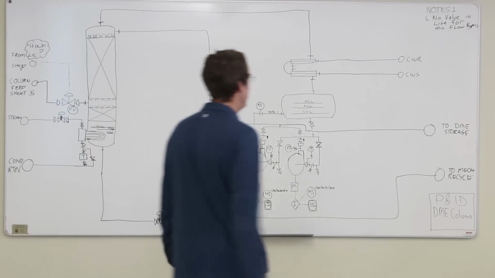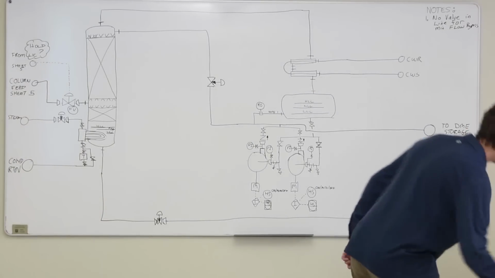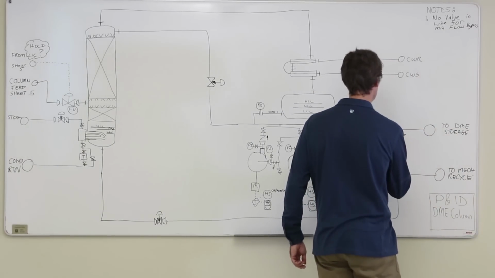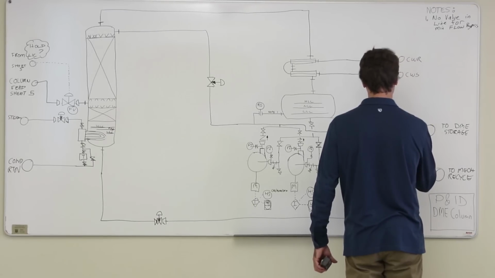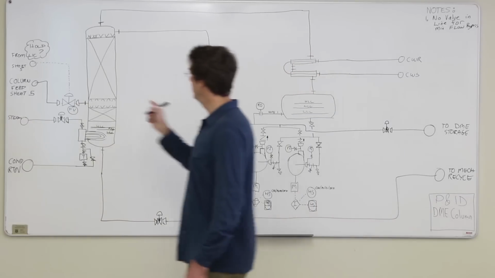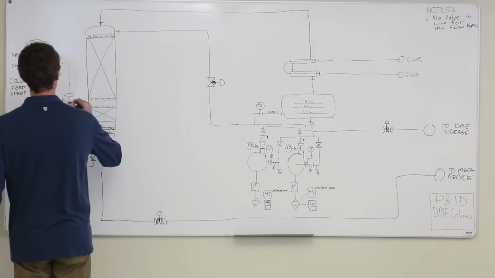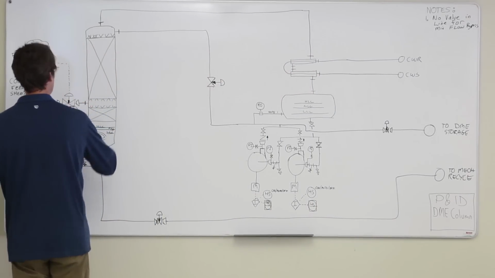We're going to need a control valve on there. Probably going to fail it closed. I get all my failure positions. Boom, boom, boom. I failed that one closed too.